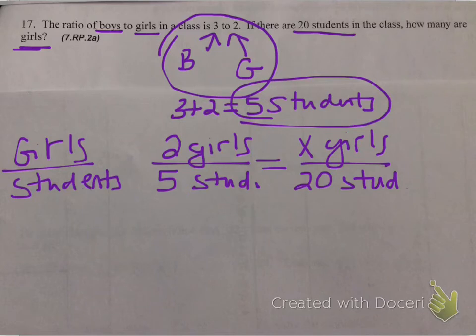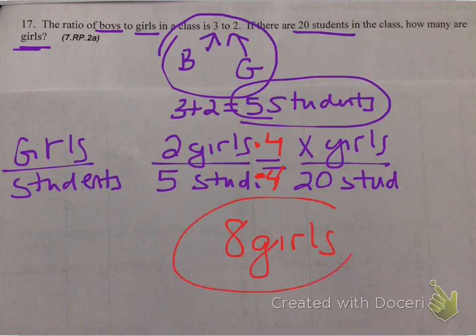But if you look at this, 5 times 4 is 20. So 2 times 4 is 8 girls. If you wanted to figure out how many boys there are, you could change your 2 to a 3 and use the same proportion, or you could subtract 20 minus 8 and get the answer that way. It would be 12.